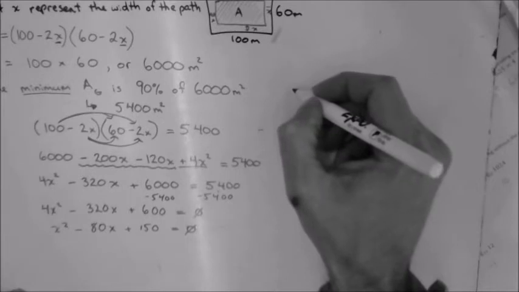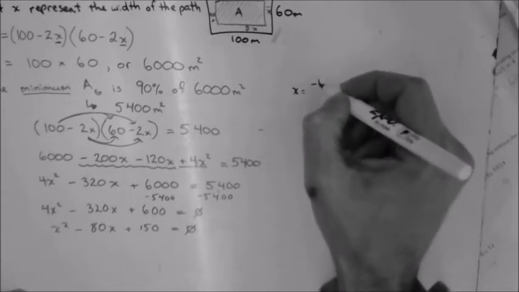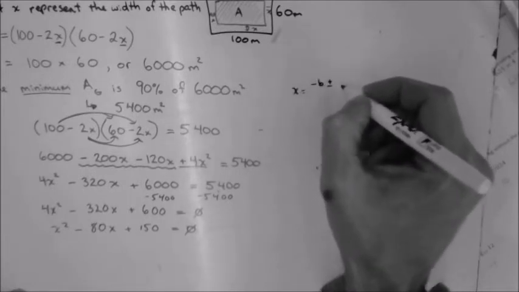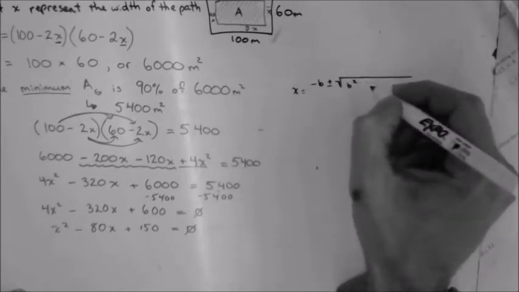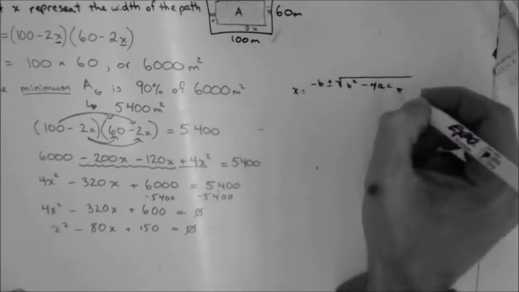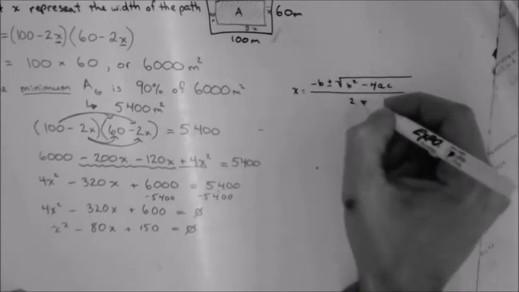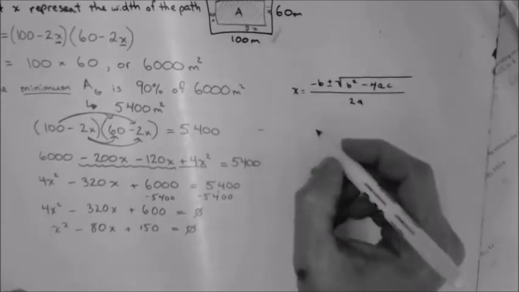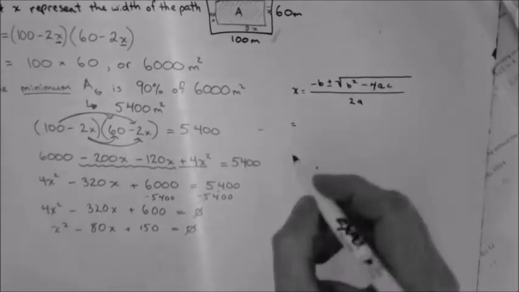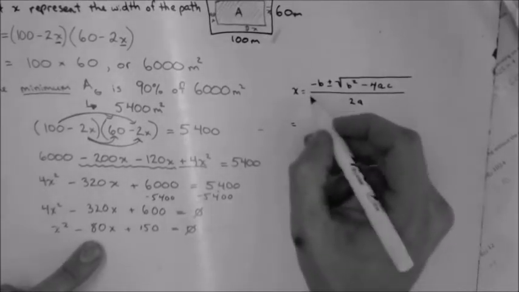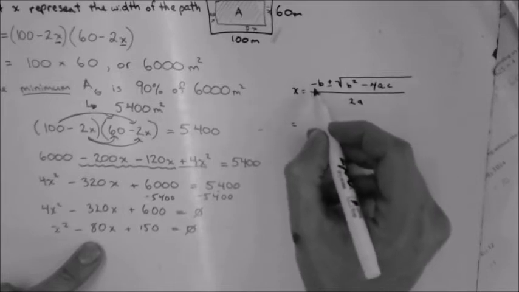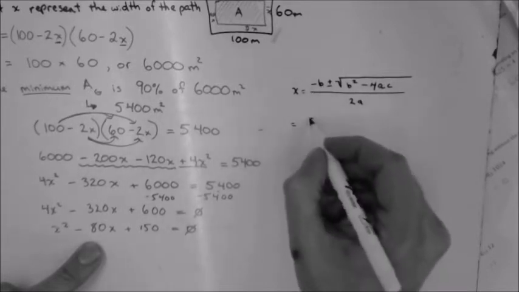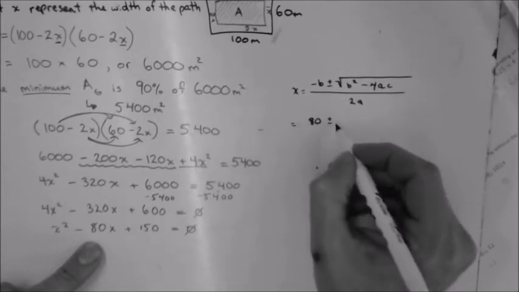So we've got x equals negative b plus or minus the square root of b squared minus 4ac over 2a. And now I just plug in what I know. B is negative 80, so I'm going to be having a negative 80. Well, a negative and a negative is a positive, so I'm actually going to have just 80 on the outside here.